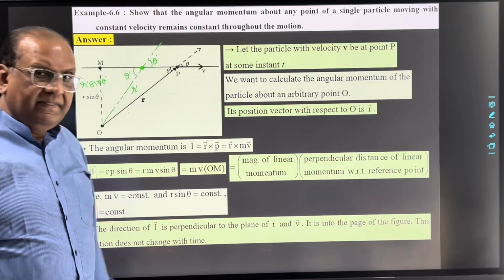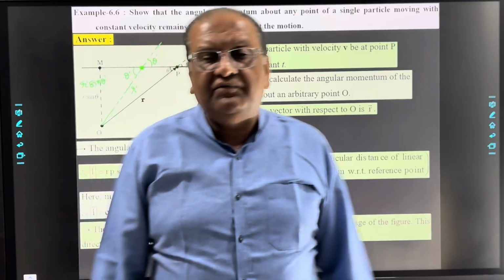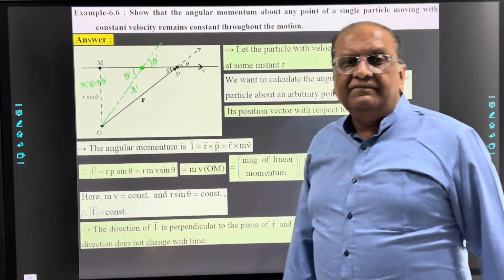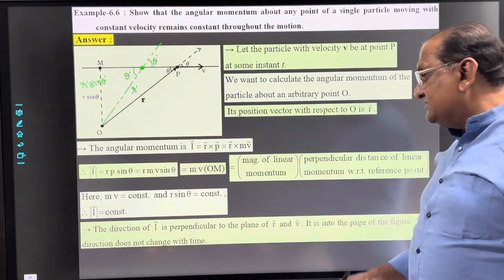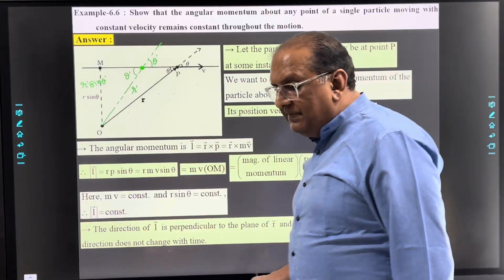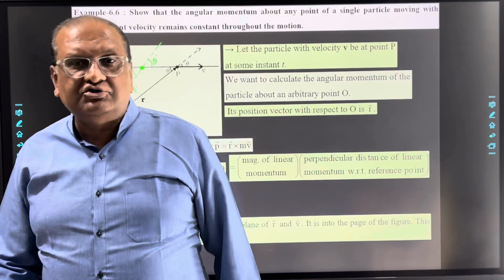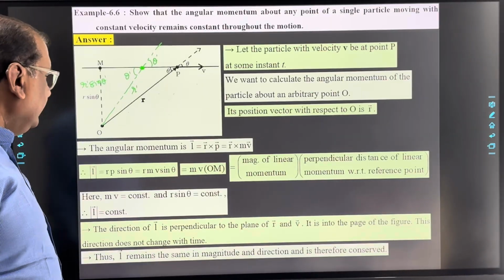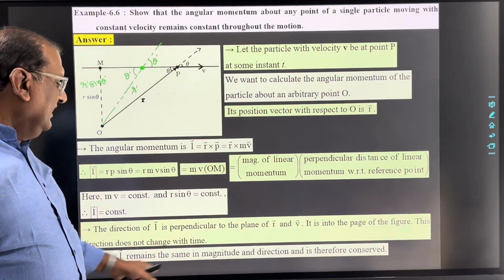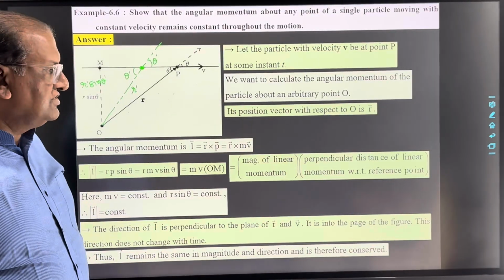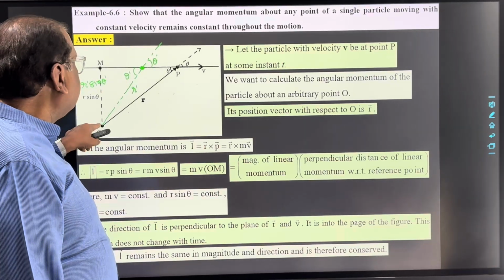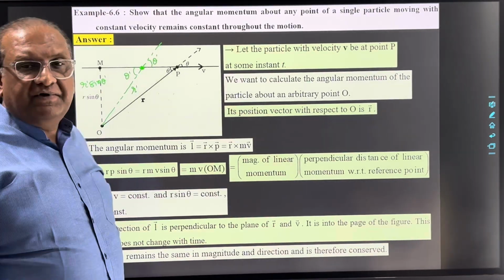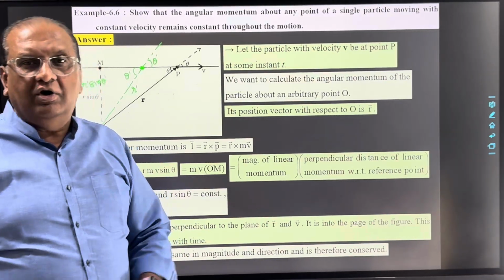The direction of angular momentum is constant as well as its magnitude. It implies that it does not change with time. So in other words, we can say L remains constant with respect to any reference point. Clear to all of you?